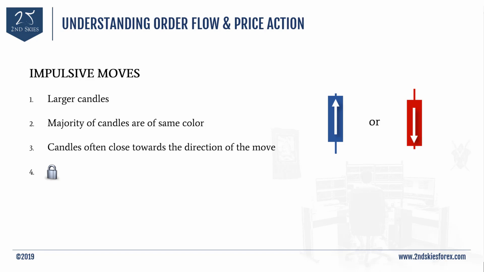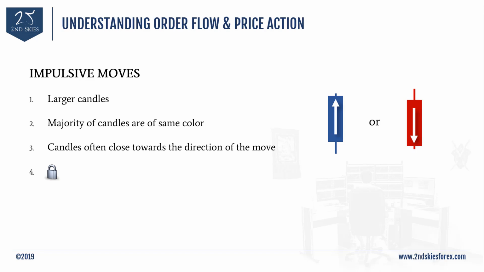The close of the candle indicates, if this is a daily candle, that the market really didn't push back from the highs of the day. The market opened, went a little bit down, found buying pressure, reached higher, and then closed near the highs. Closing near the highs on a bullish candle, or near the lows on a bearish candle, indicates that the buying pressure really didn't let up a whole lot going into the close of that candle.